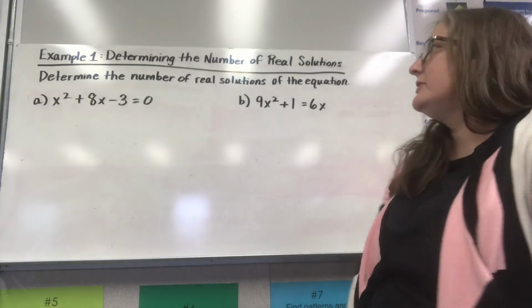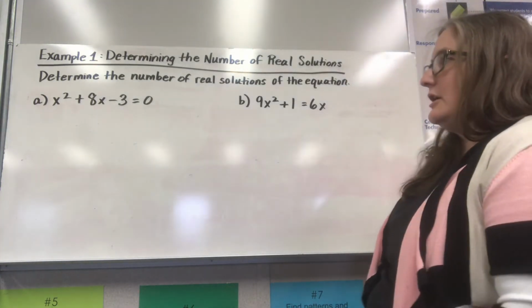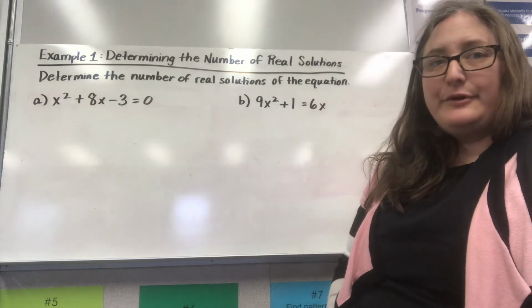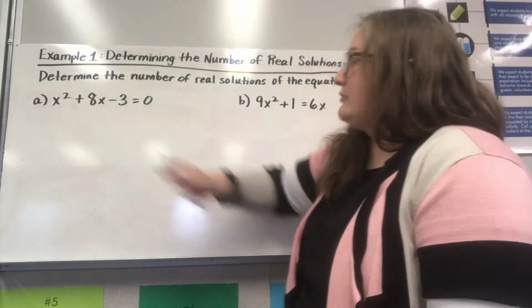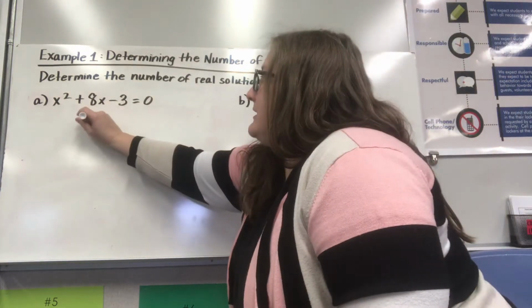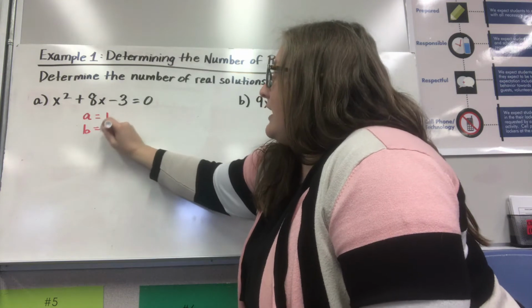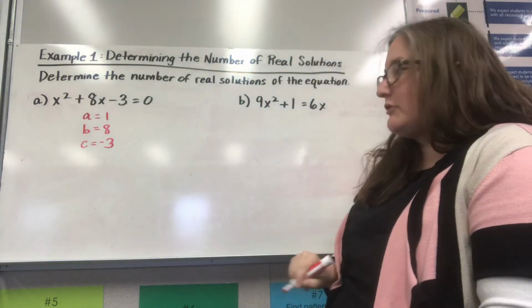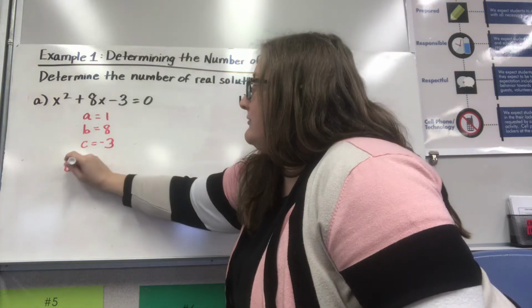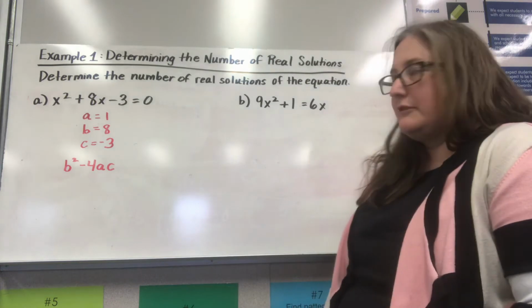So let's determine the number of real solutions for each quadratic equation here by finding just the value of the discriminant. So in this quadratic equation, a is equal to 1, the b value is 8, and our c value is -3. And for the discriminant, we're just doing the b squared minus 4ac part of our quadratic formula.